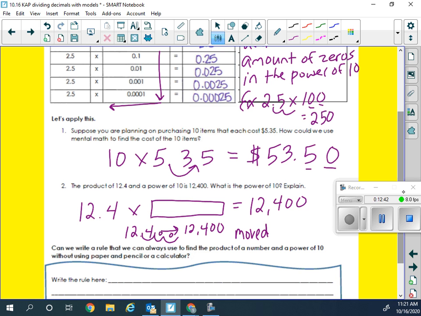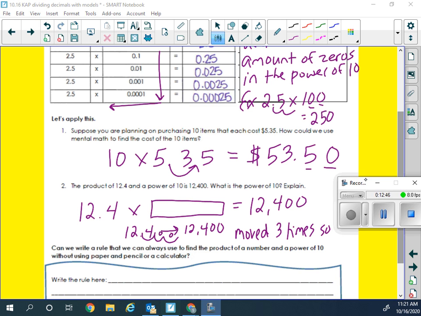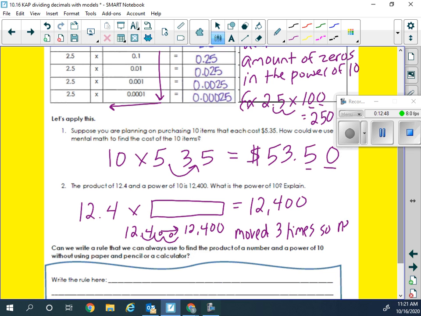Moved 3 times. So that means I need 3 zeros. What number has 3 zeros? 1,000. So it's kind of like working backwards on that one. Okay?